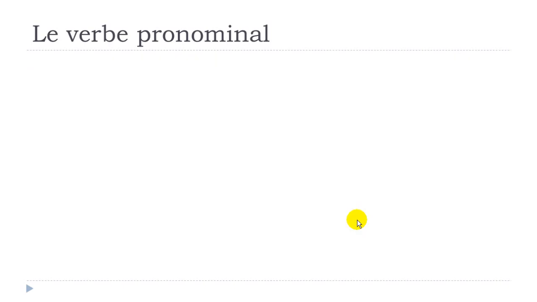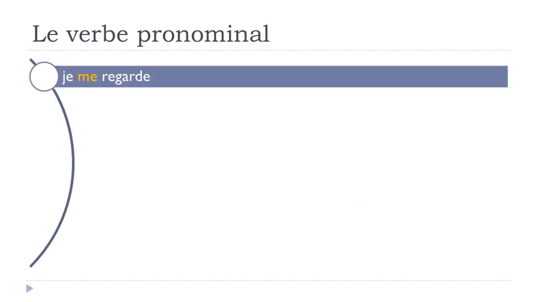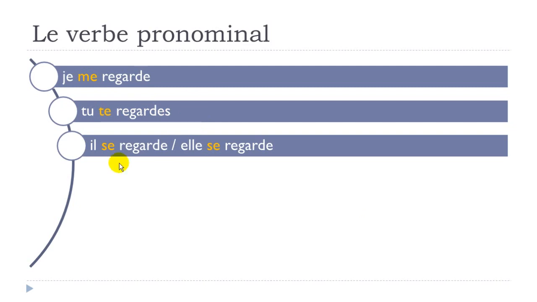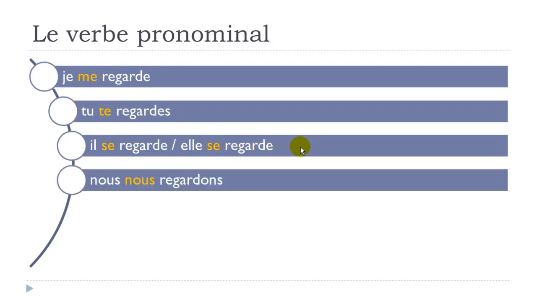Okay, so let's see how we will conjugate this verb at the present form. Je me regarde. Tu te regardes. Il se regarde. Elle se regarde. Nous nous regardons.